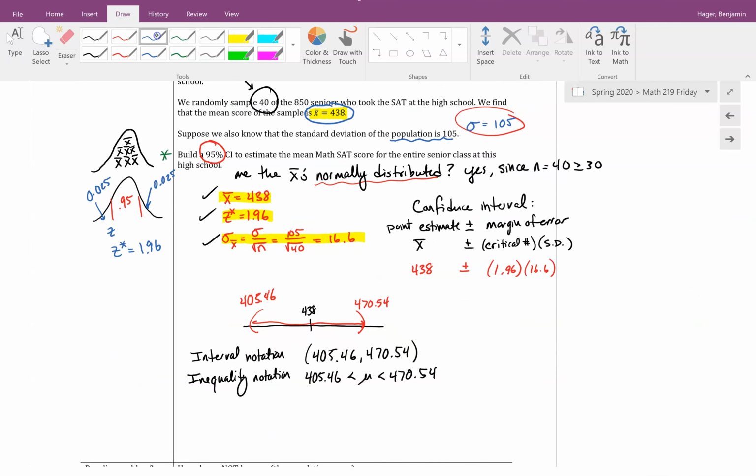So we should always state a conclusion, and you can always write this conclusion exactly the same.